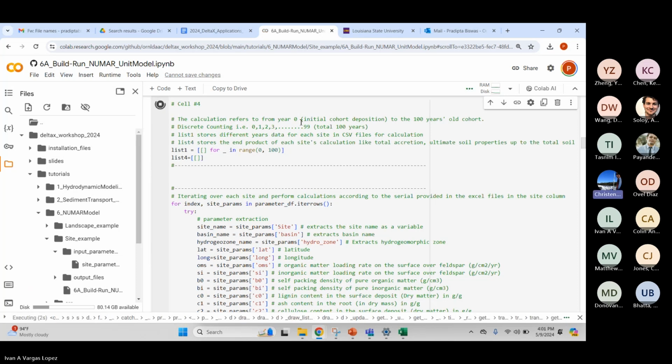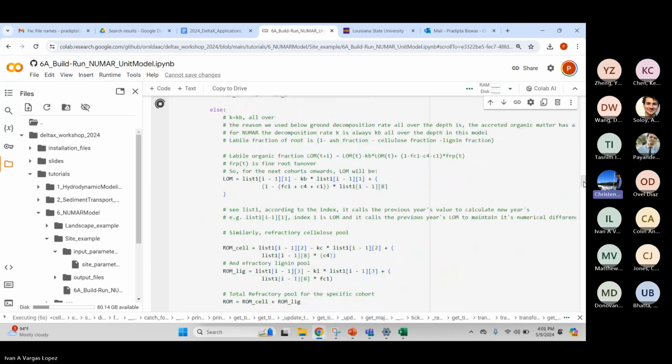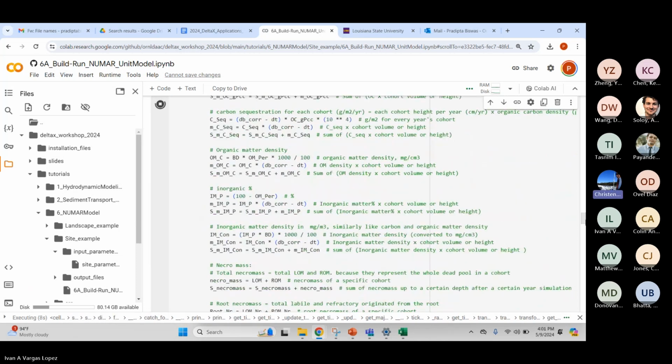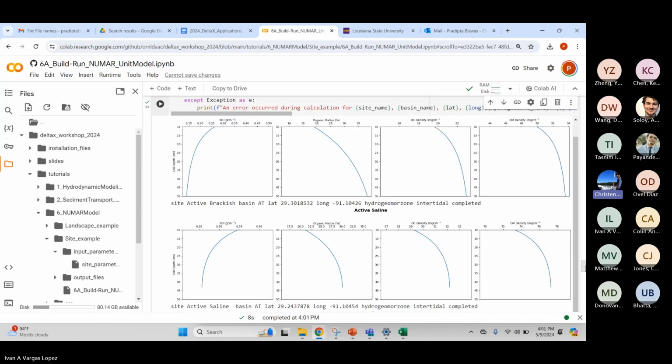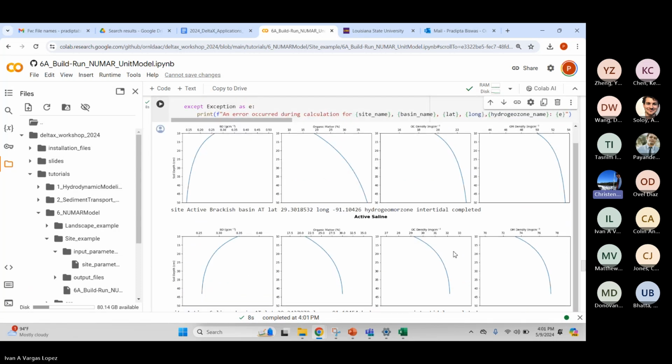It will start to produce your graph and files. That cell is the NUMAR model itself. You can look at it and see what formulation we are using for our model and other details.